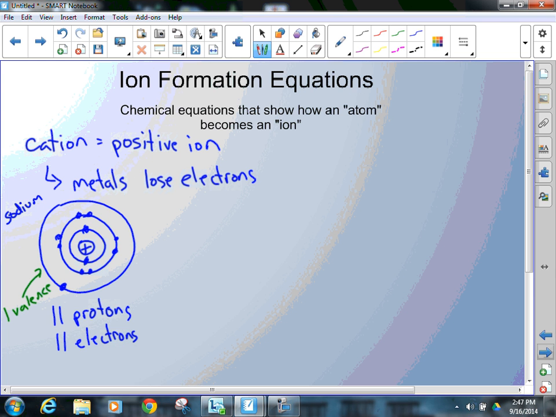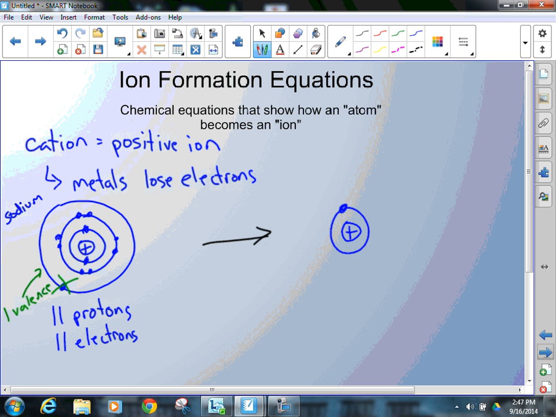But it wants to have 8, so it's going to end up losing this electron right here. It will lose that electron. And what it will turn into then is a sodium ion. So the sodium ion will still have 11 protons.